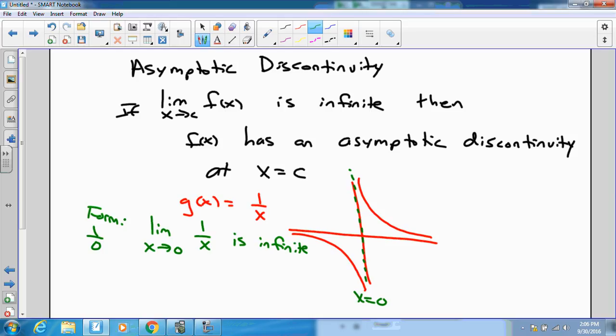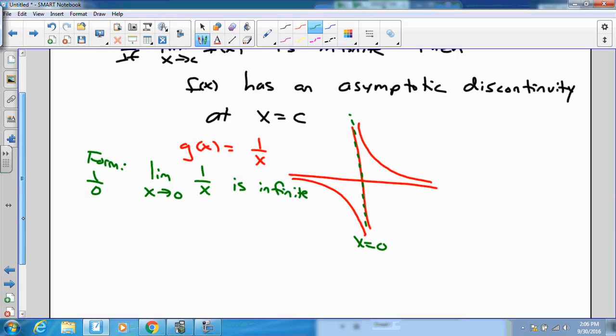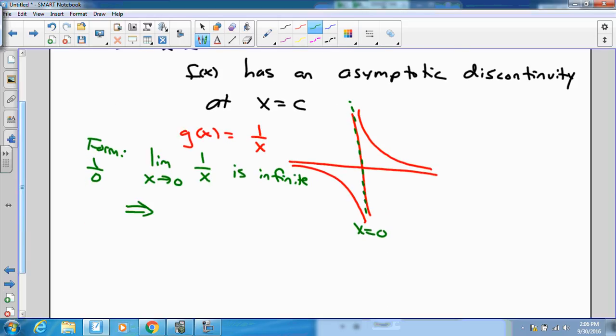In fact, it is positive infinity from the right and negative infinity from the left, but we don't have to work that hard to classify this as an asymptotic discontinuity. The conclusion that we draw because of our analysis is that g has asymptotic discontinuity at x equals 0.